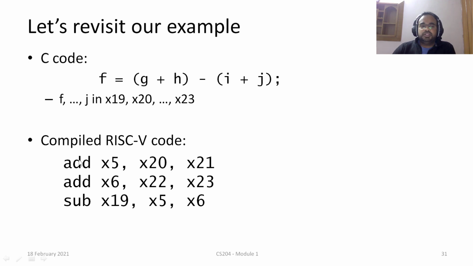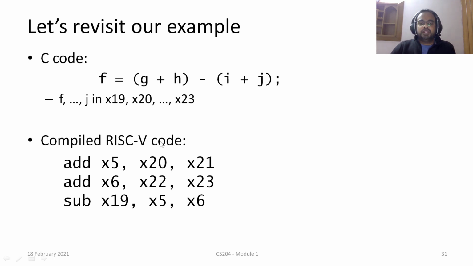We have the same instruction sequence, add and subtract, but you can see the operands have changed. Now we are using the registers as operands. We have used x5 and x6 in place of the temporary variables we used previously.